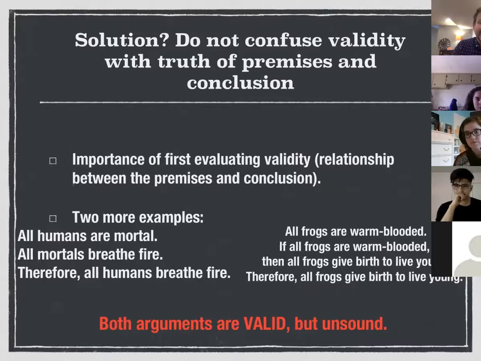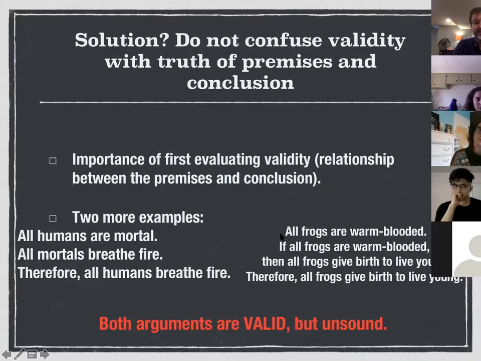If we had just if all frogs are warm-blooded, that wouldn't be a sentence according to logic. It can't be true or false, right? Right. Yeah, so this is meant to be read as one sentence. And we can think about the logical form of this argument, and we'll talk about that more next week.